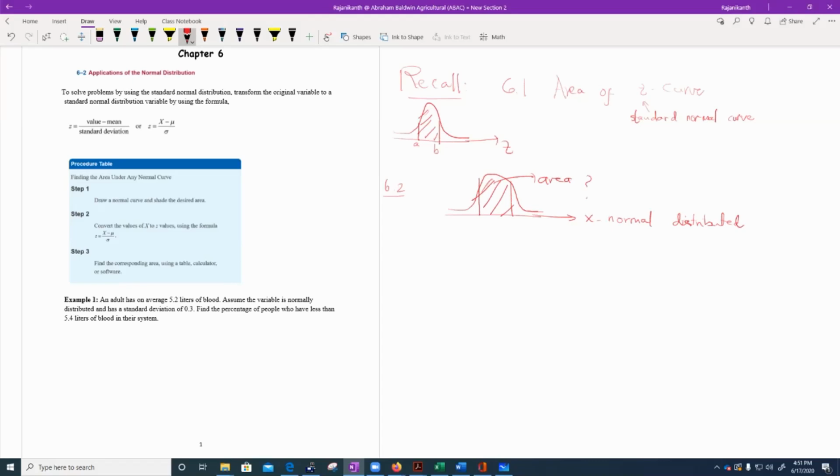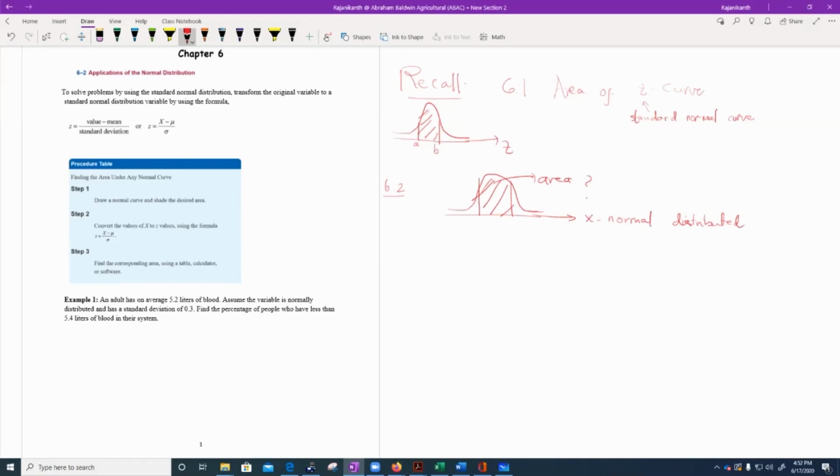Then convert that x, meaning the normal distributed variable, into standard normal, into z. We already have the relationship between the standard normal and normal. Use that formula and convert your corresponding x values into z values.